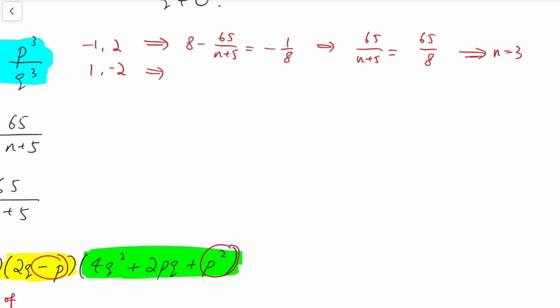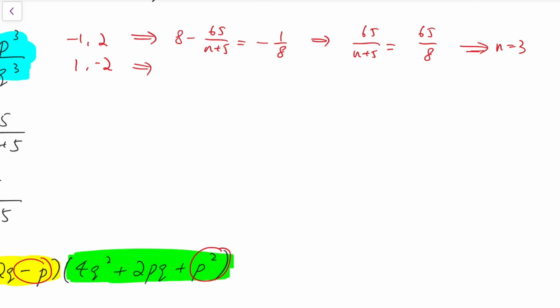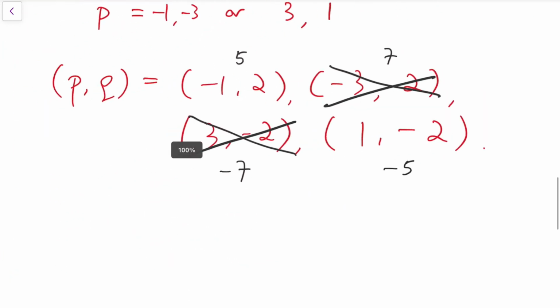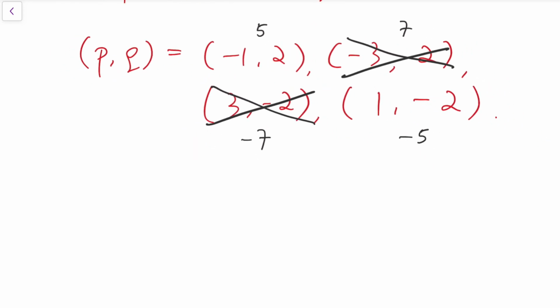For (1, minus 2), we can skip the next step because it's also minus 1 over 8, and so again we have n equals 3. So n equals 3 for both cases. That means our final solution is just n equals 3. This is the final answer.